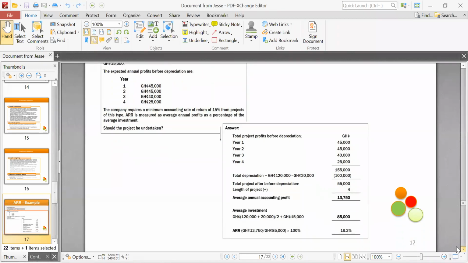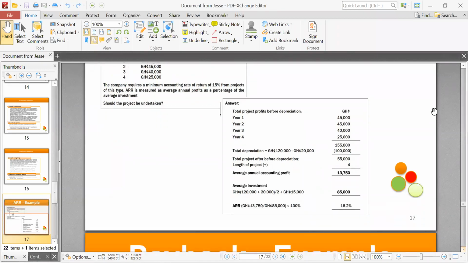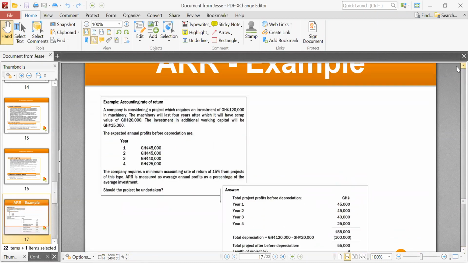So your accounting rate of return would be somewhere around 16%.